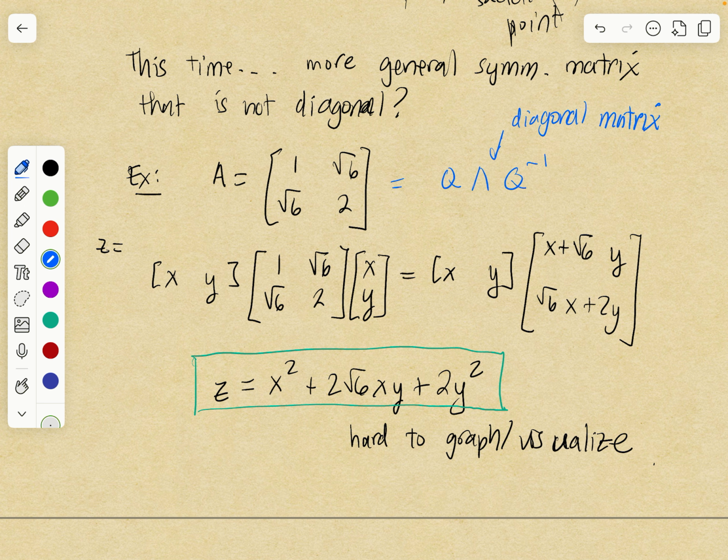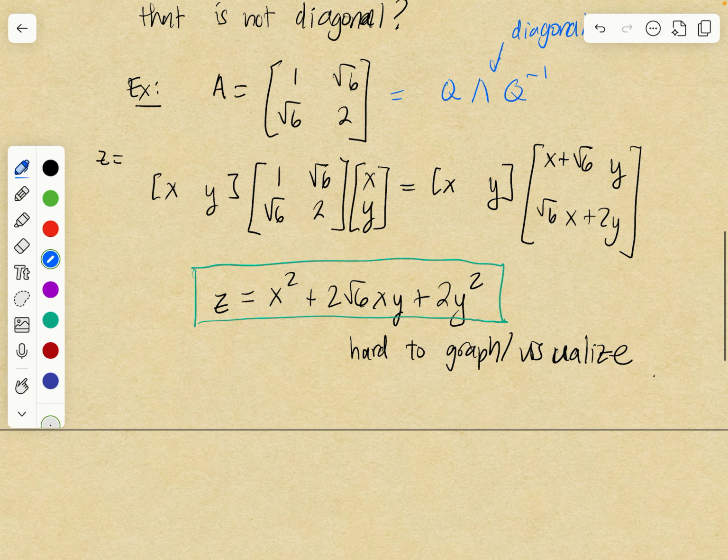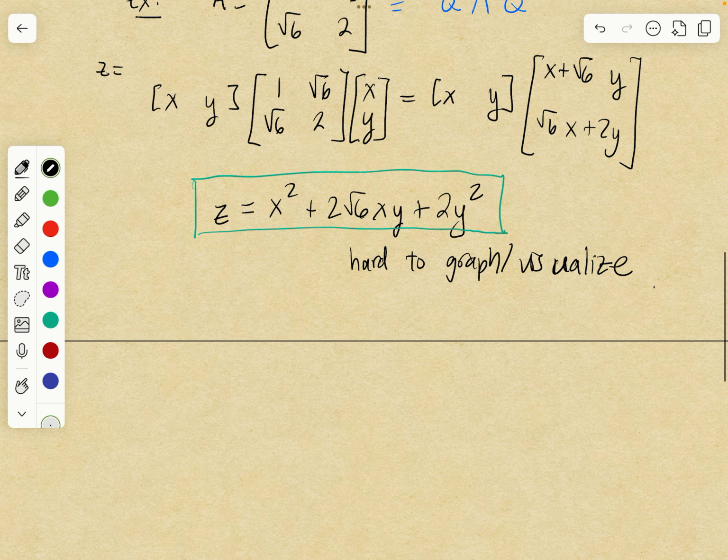We're going to use that to re-express this function that's hard to graph, and then we'll be able to see how to graph it. To see how that works, we need to write A in the form Q lambda Q inverse. Fortunately, we did that in a previous video.